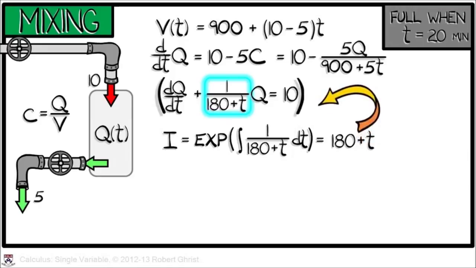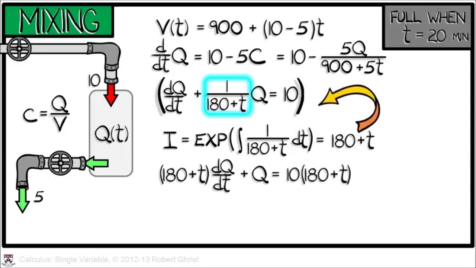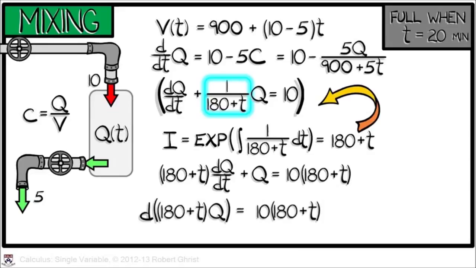If we therefore multiply the differential equation by this integrating factor, we obtain, very simply, (180 plus t) times dQ/dt plus Q equals 10 times quantity (180 plus t). The left-hand side is the derivative of Q times quantity (180 plus t).